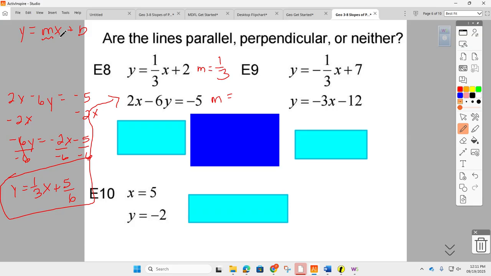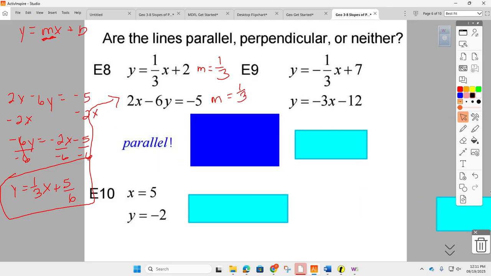So this is the equation. So which value in here is the slope? There's only two numbers. Is it 1/3 or is it 5/6? Remember, 1/3, or whatever number is being multiplied by the x, is the slope. So this is 1/3 times x, so the slope of this line is 1/3. They are parallel.